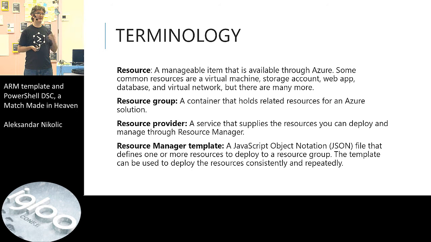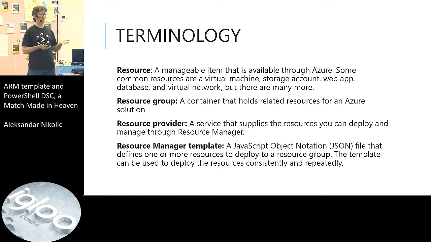But later, when you start creating something for production and you start creating complex solutions, you will realize that it's better to separate those things into a different resource group, deploy them separately, and then link them later. Because if you think about it, if you have a virtual network in Azure, the life cycle of a virtual network is not actually the same as a database.